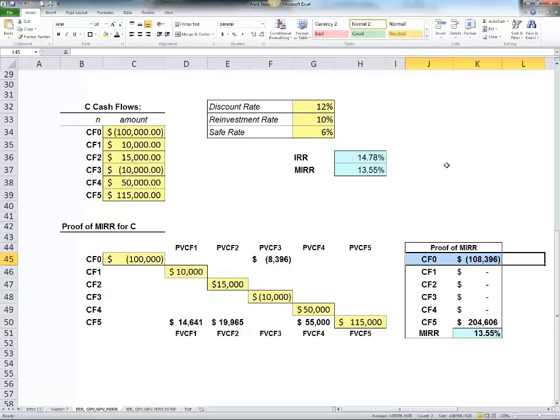This technique errs on the side of conservatism because this technique says, you really need $108,000 to make this investment. And I don't think that's true. I would be happy to make this investment with $100,000 and then save some money out of cash flow 2 to be able to sustain the loss in year 3. Would it change the modified internal rate of return? Yes. Would it change it by much? No. So this is slightly more conservative.